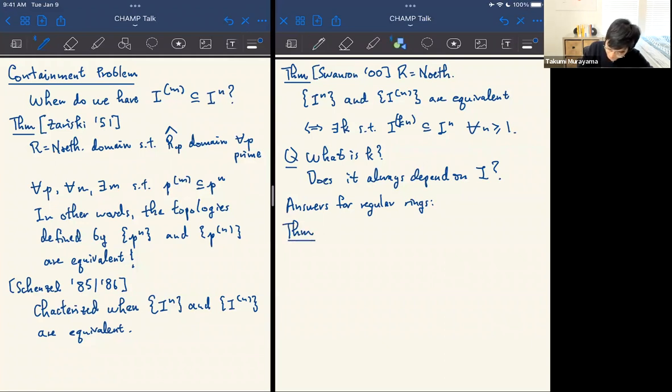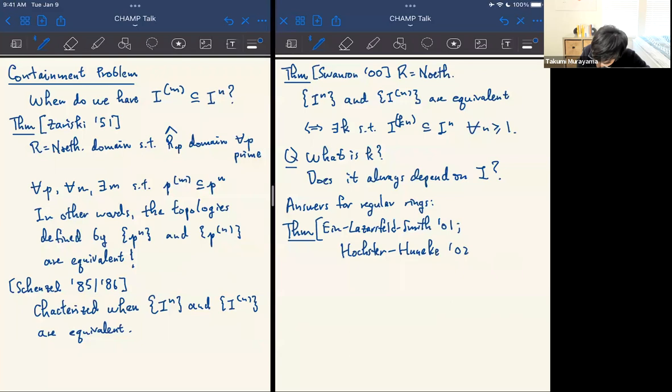So this theorem is due to Ein, Lazarsfeld, and Smith for smooth complex varieties, and Hochster and Huneke for all equal characteristic regular rings.